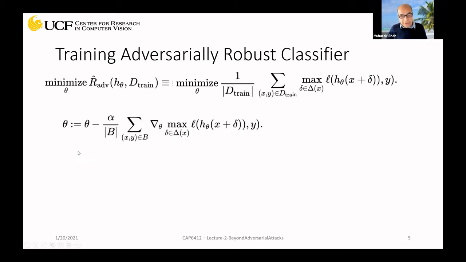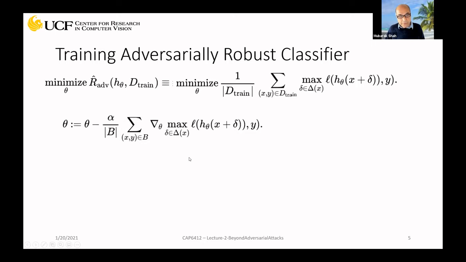Then, the same thing as we did in gradient descent, we'll take the gradient of that loss, and then we will add that gradient with the step size to the previous estimate of theta, and we'll keep doing that. Now, as you see, we have maximization here, minimization here.